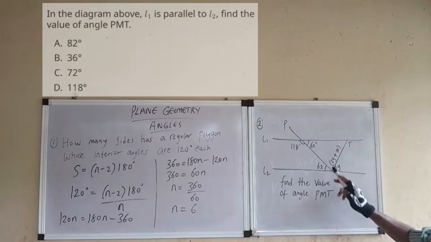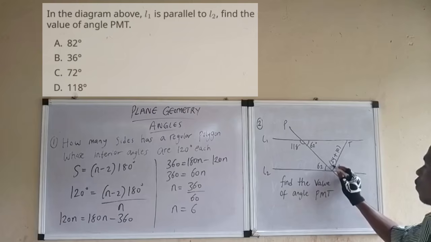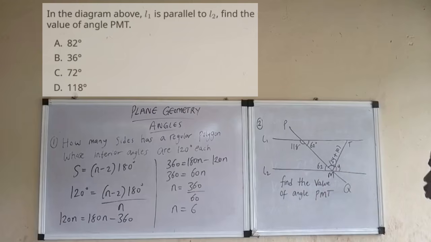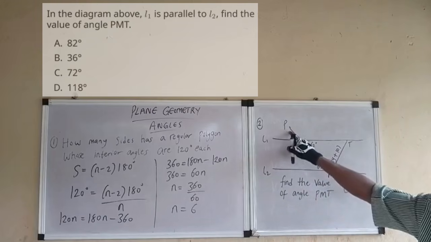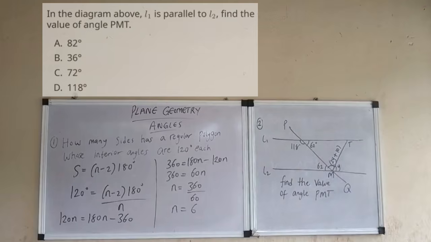So we're looking for this portion, 2y plus 10. All right. So we're looking for angle PMT. So how are we going to solve it?